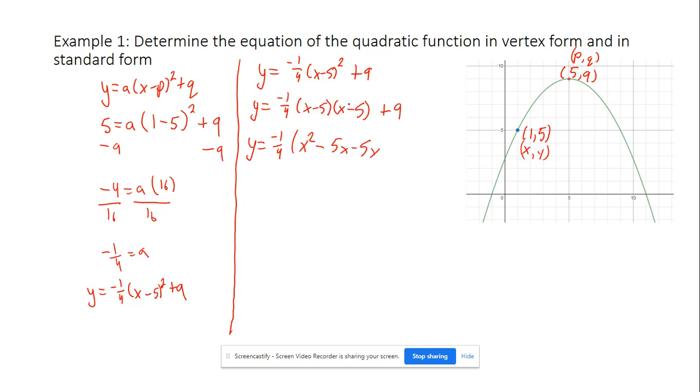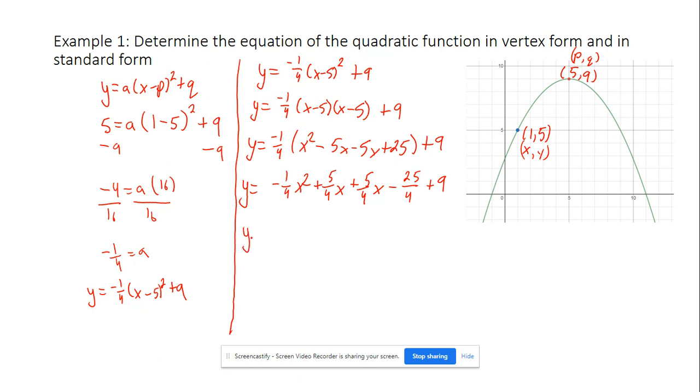I'm just foiling, or distributing, this one out. So I got y equals negative 1/4 x squared. Negative 1/4 times negative 5 is 5/4 x, plus 5/4 x, minus 25 over 4, plus 9.